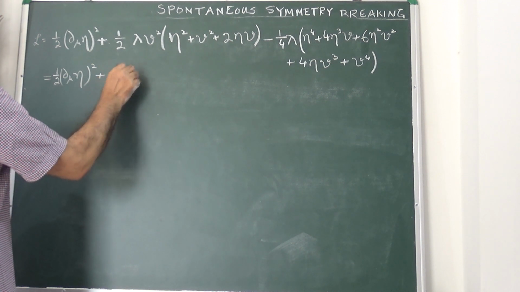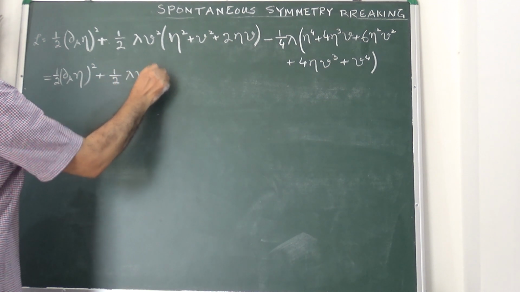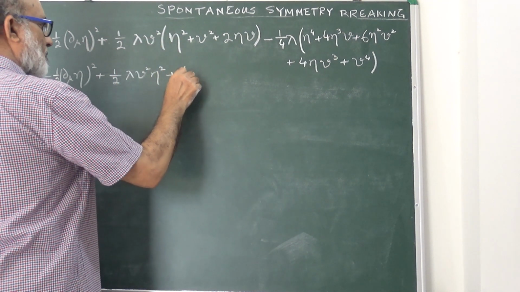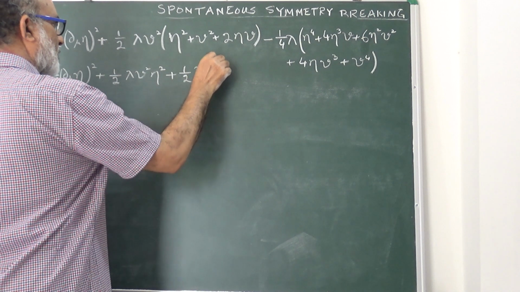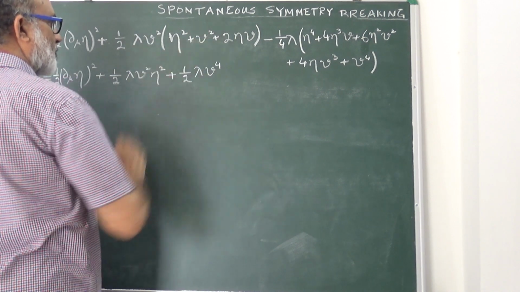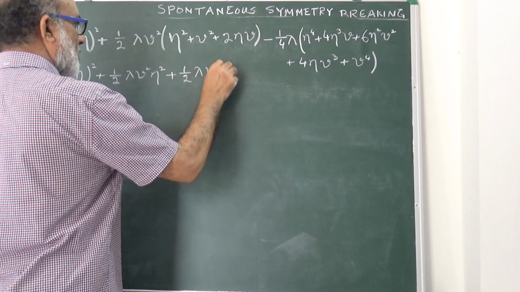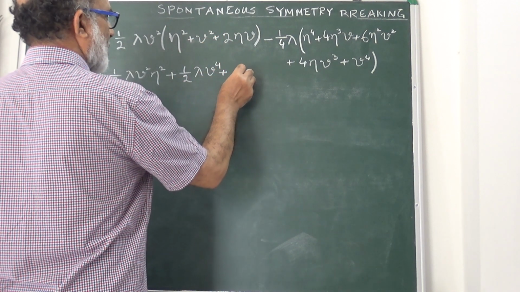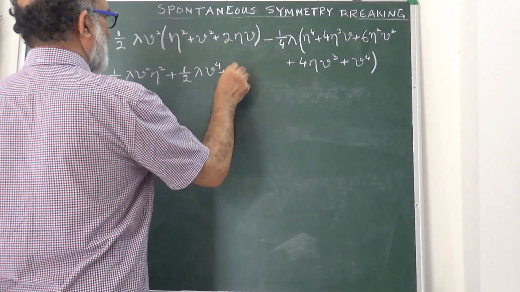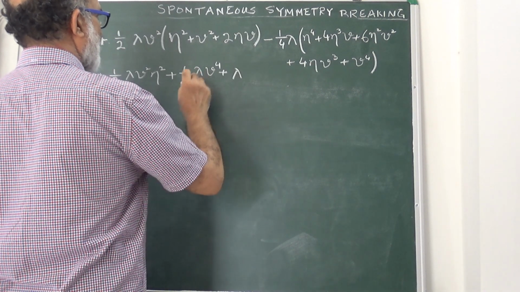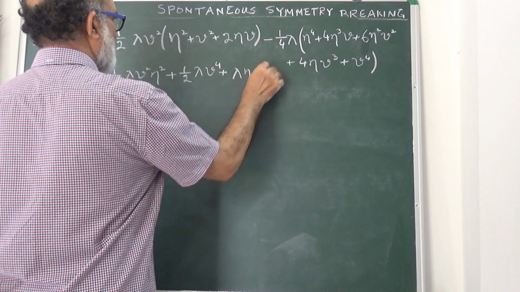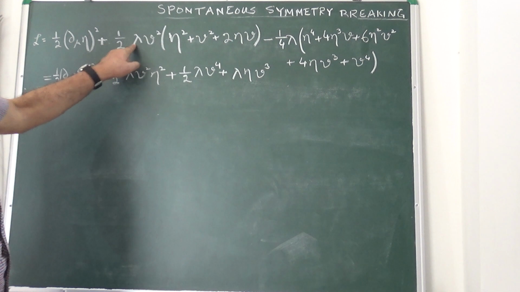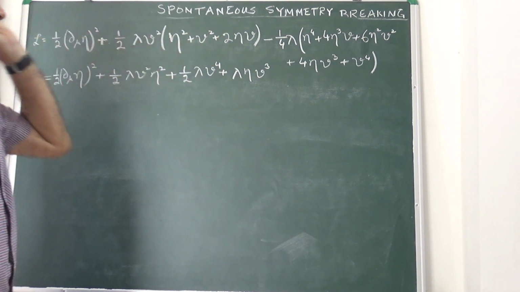So 1 by 2 lambda v square eta square plus 1 by 2 lambda v to the power 4 plus lambda eta cube v. The 1 by 2 cancels out.